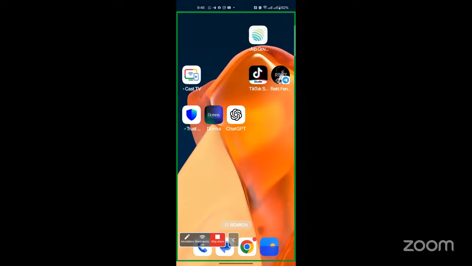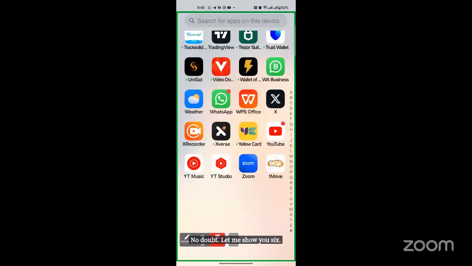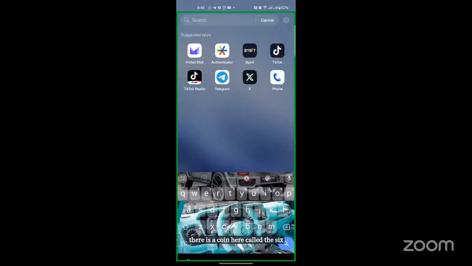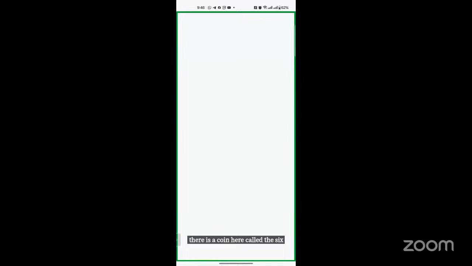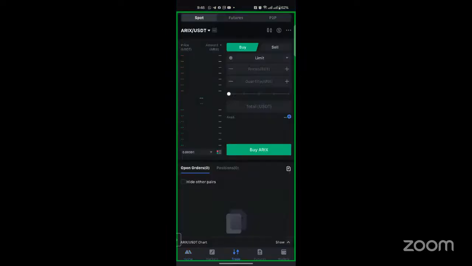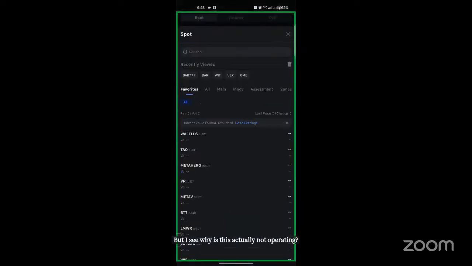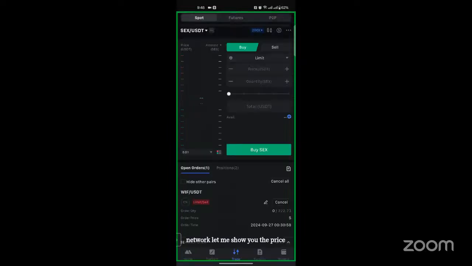Even in the morning when it went up, I followed it. It went high, no doubt. Let me increase my light. Let me show you SEX. There is a coin here called SEX. But I see why this exchange is not operating on the network. Let me show you the price of the SEX coin.